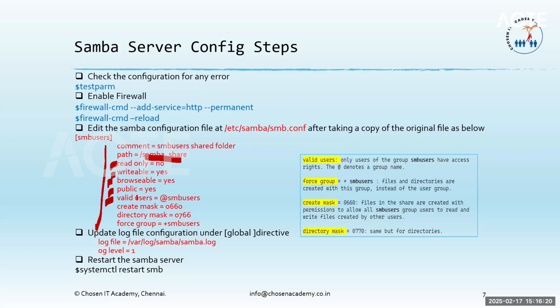We are saying all users belonging to the SMB users group are valid users. And in case they create a file, this is how the file access mode should be, and whatever files are created, I'm forcing those files to be part of the SMB users group.